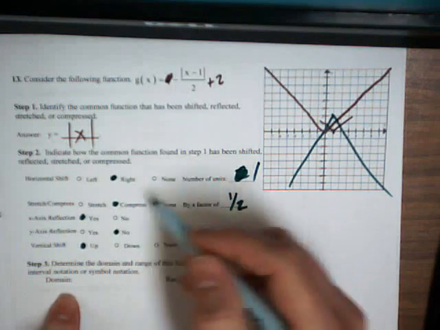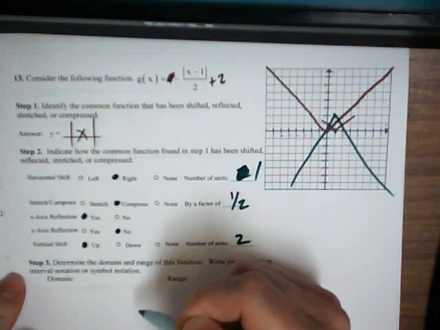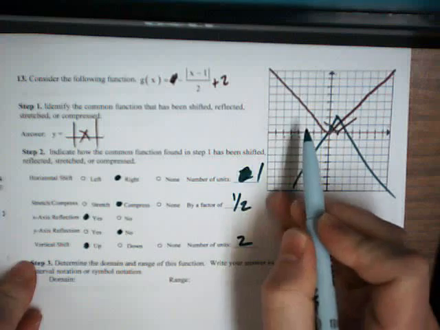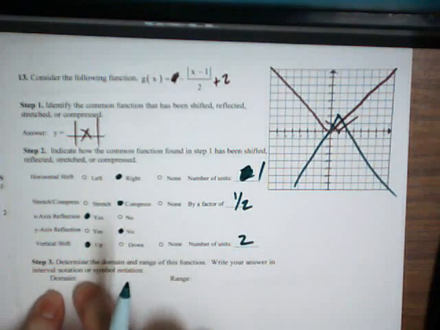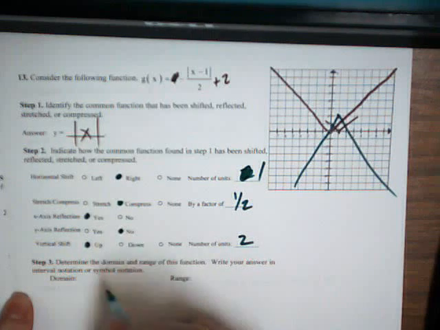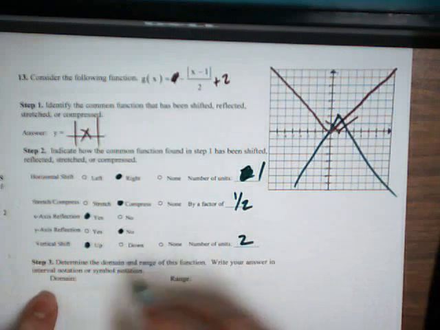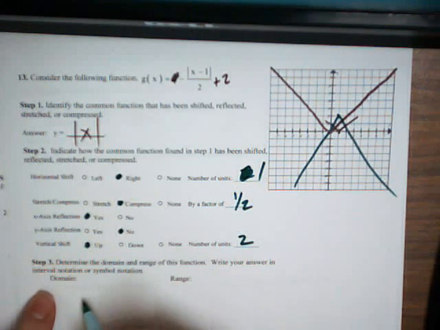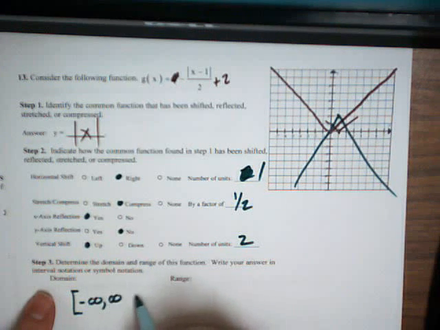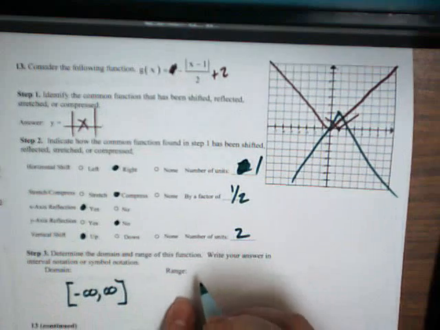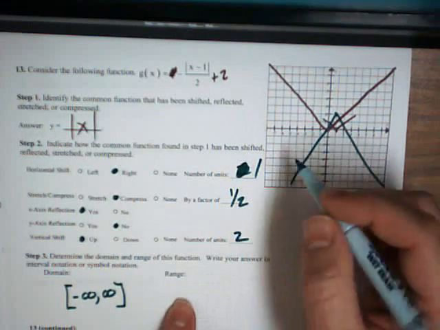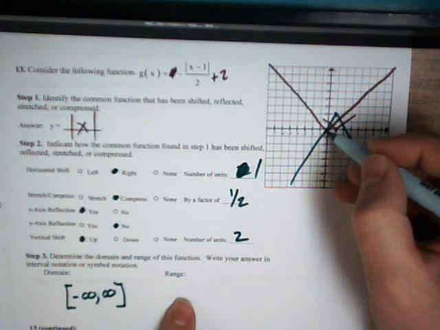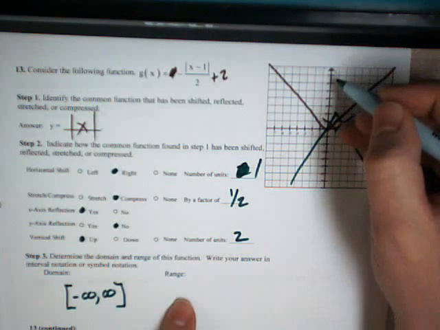So, we're going to use this idea here to figure out what the domain and range are. So, domain of the brown thing here was all real numbers. The domain is still all real numbers. It says symbol notation, so we're just going to do it. Range. The range was from 0 to infinity.